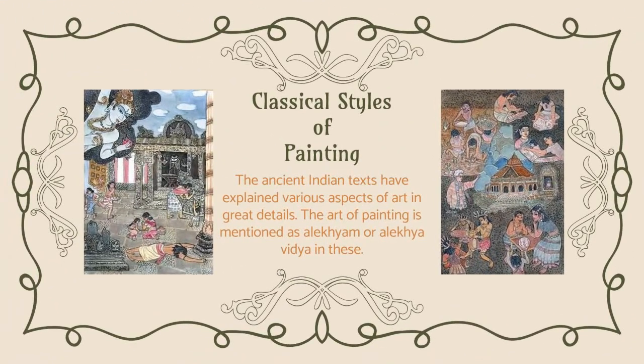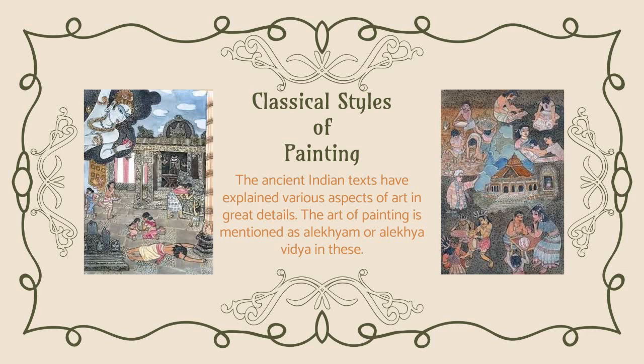The next style of painting we are going to look at is the classical styles of painting. The ancient Indian texts have explained various aspects of arts in great detail. There are altogether 64 arts mentioned in these texts.